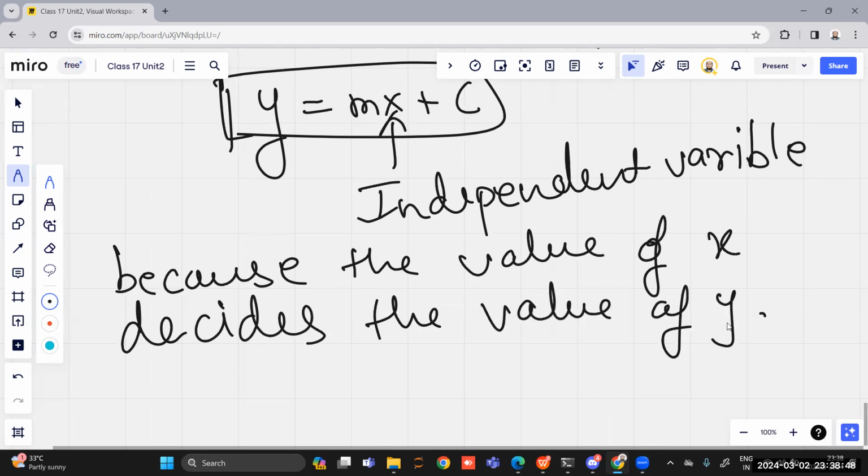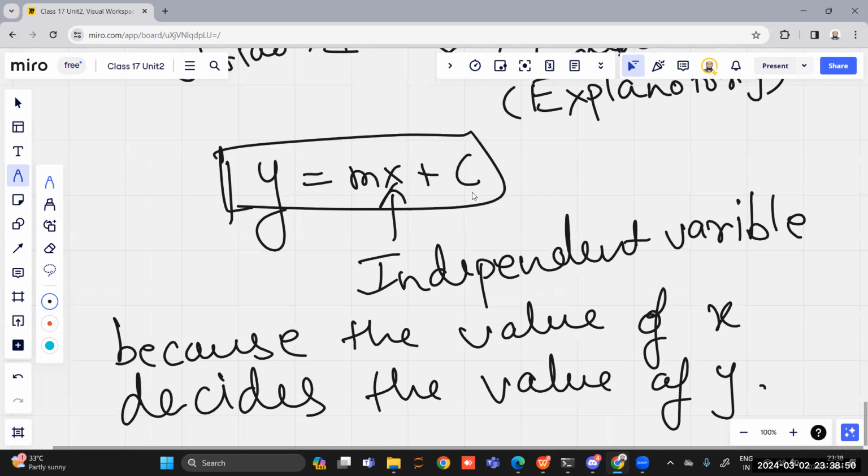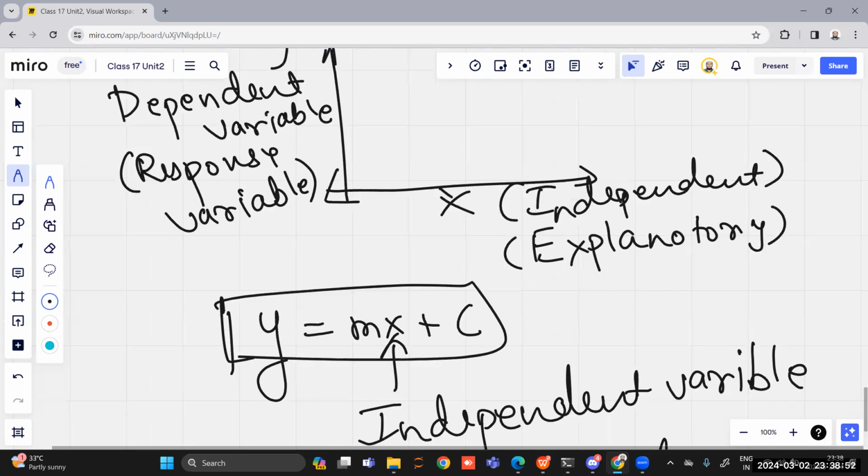Yes or no, Zaid? Yes. So x is an independent variable, and independent variables are generally those which do not depend on any other thing. Did you get that? Yeah, I got that.